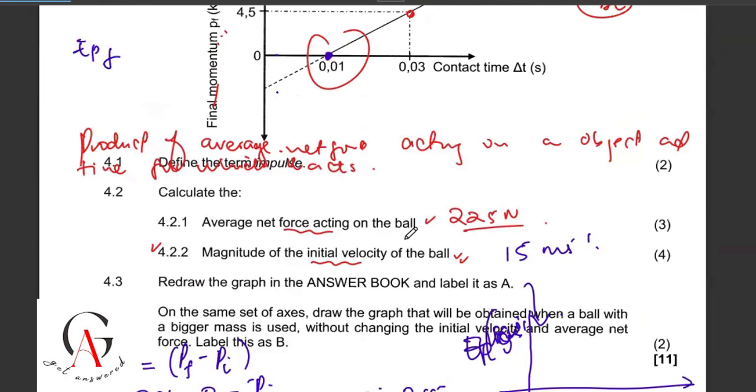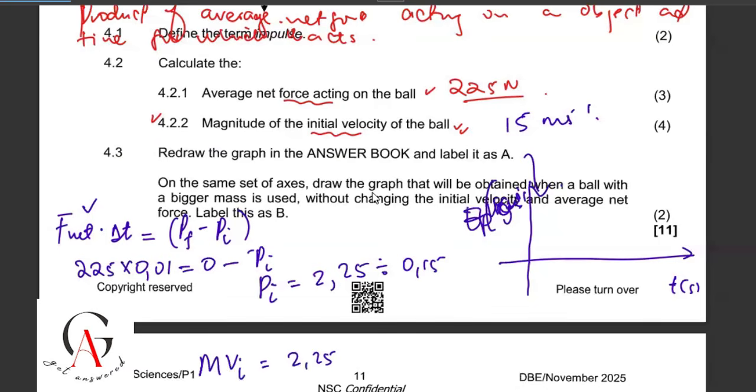So if this is my A graph, which is passing at 0.01, the B graph, when the mass is increased, will have a different intercept. So I can have another one in this sort of direction. The force is going to be the same, but the contact time is going to differ. So if that is A, and then that is B, the only thing we need is just the difference between the two graphs.